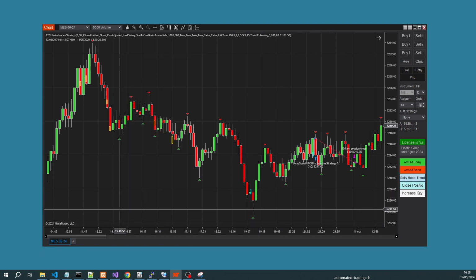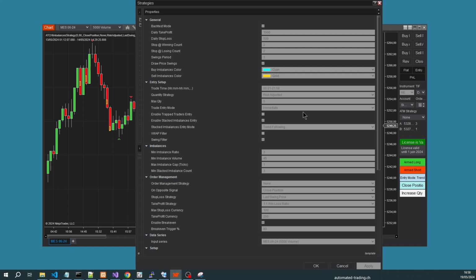Also, there is a parameter that should be set for the swings, which is the swing period. The swing period determines how many bars on the left and on the right of a certain swing high or low are compared to decide whether this is a swing high or low.